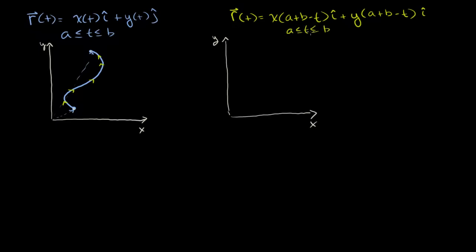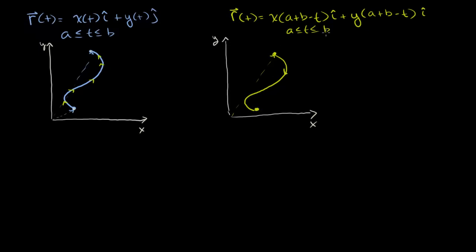So t is going to go from a to b. But here, when t is equal to a, you substitute it, you're going to get this vector. You're going to start over there. And as you make t larger and larger, you're going to trace out that same path, but in the opposite direction.